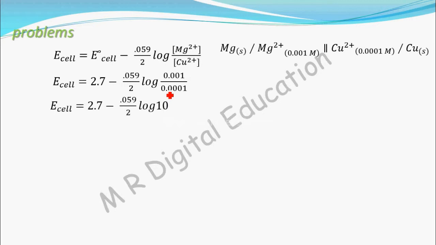So simplify. When you divide this, you will get log 10. Log of 10 to the base 10 is 1. This is logarithm of base 10. And 0.059 by 2 is 0.0295. Subtract this, you will get E cell, that is the EMF of the cell, as 2.67 volt. This is the EMF of the cell.